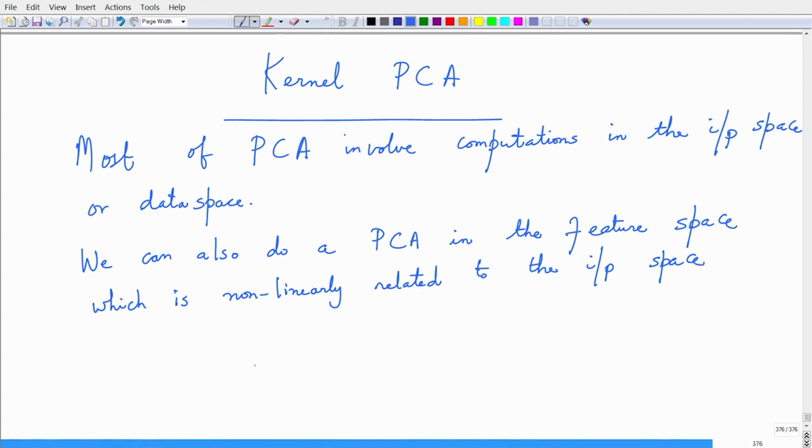Now, if you recall this diagram, I have points xi in the input space.